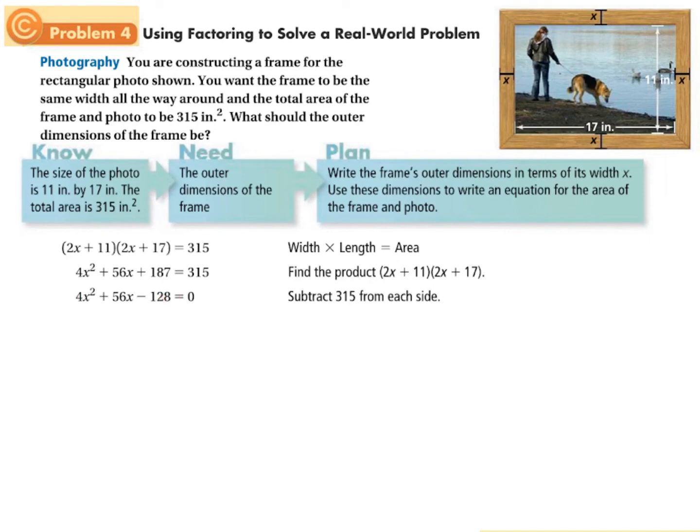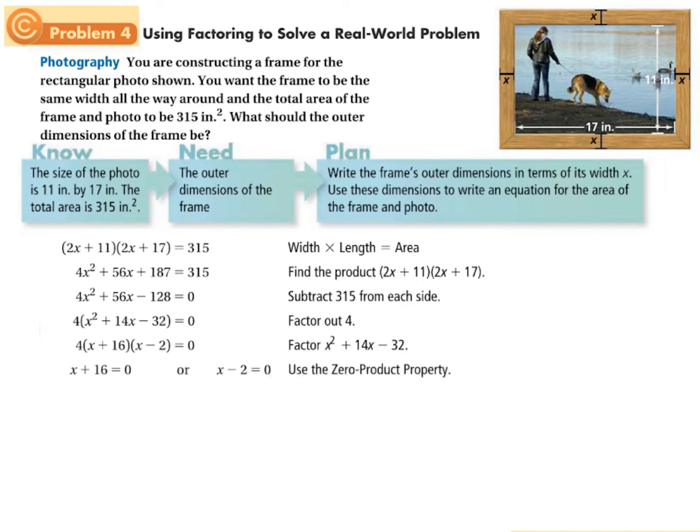You can see that these are all multiples of 4, so you're going to factor out the 4 first, and then you're left with the resulting trinomial to factor. When you factor that, you get x plus 16 and x minus 2, and then the two binomials set equal to 0.